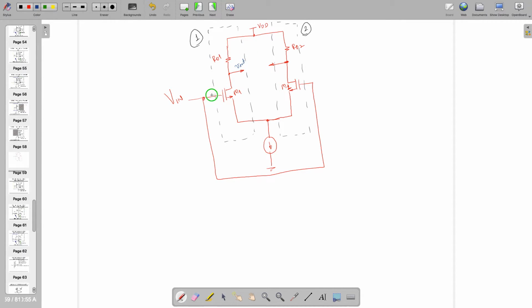So in this case, from here to here, this is a common mode voltage.